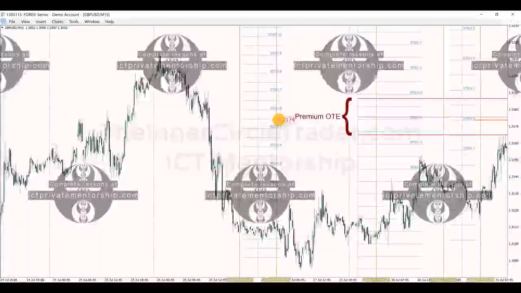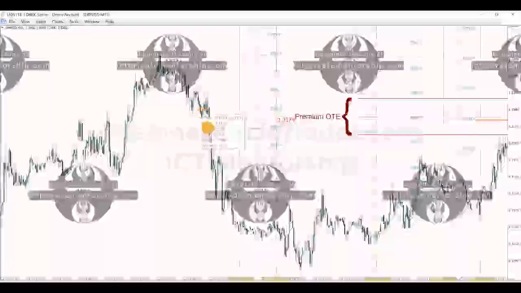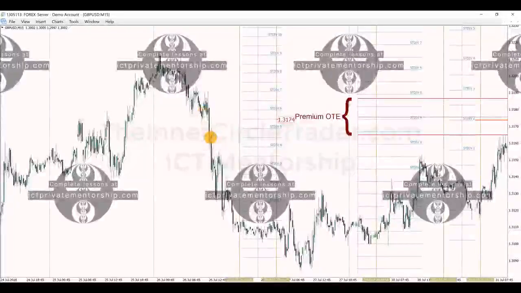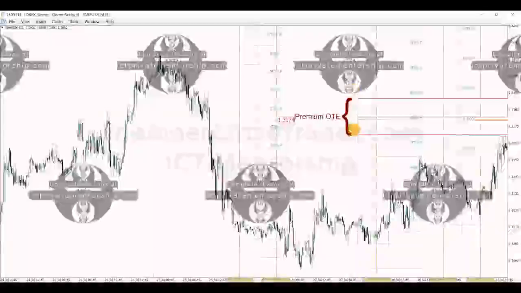Well, that number seems pretty significant now, doesn't it? We have the standard deviation midpoint right in here, lining up exactly with 31.74, which is the bottom of this bearish order block. So all of a sudden, we have a confluence on Friday of the previous week, and it would be inside of the optimal trade entry range.